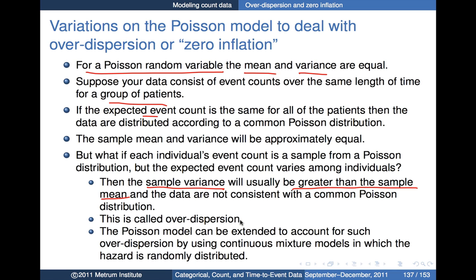When that happens, we call that overdispersion. In other words, the event counts are more dispersed than would be expected based upon the standard Poisson model. But it turns out there are a number of ways in which we can extend the Poisson model to account for that sort of overdispersion.